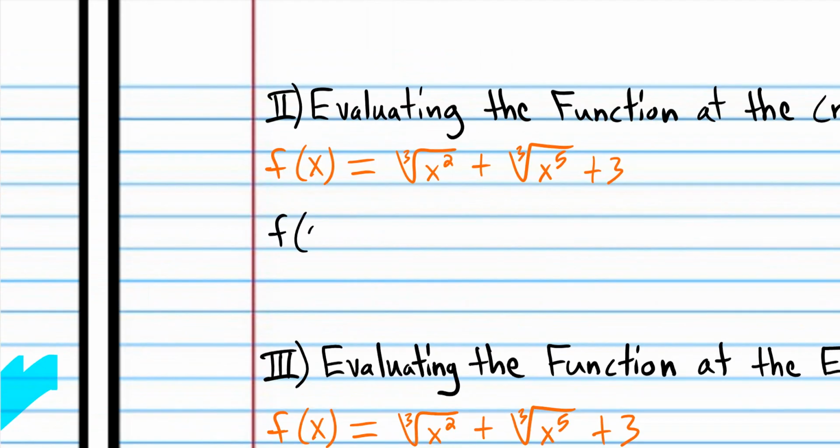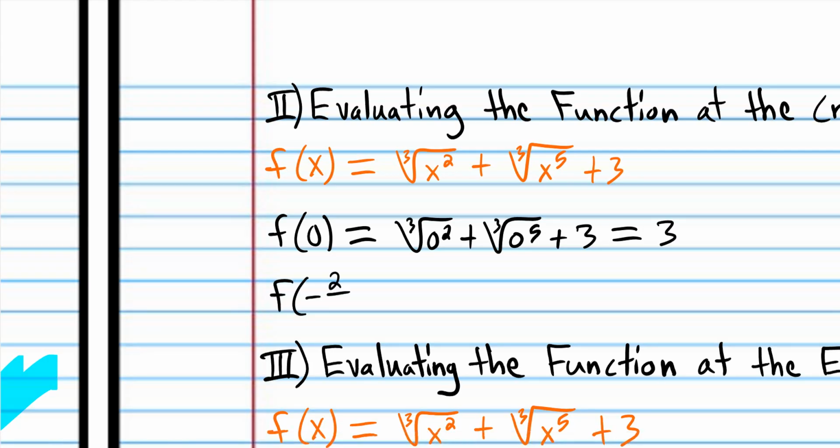So we're going to plug in 0. And you can see that we get 3. Then we're going to plug in negative 2/5. These are the critical numbers that we found.